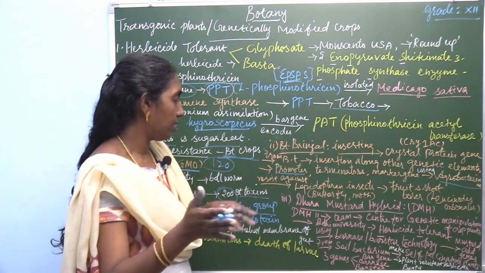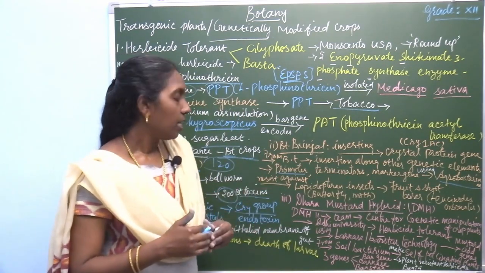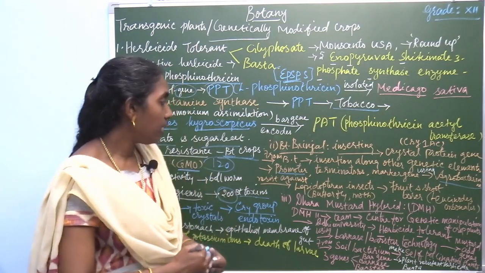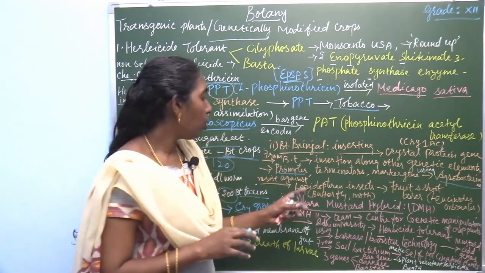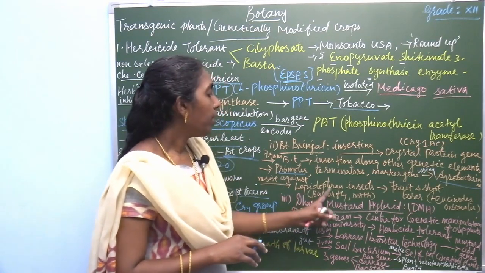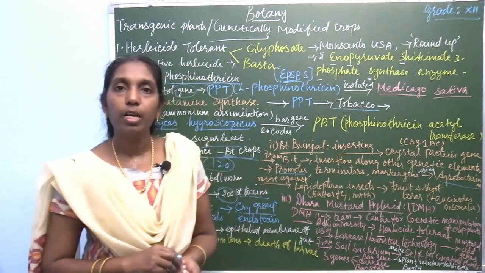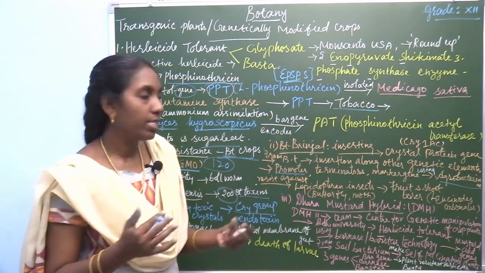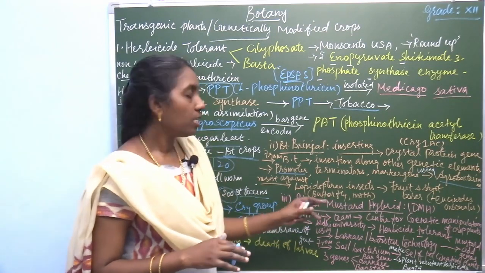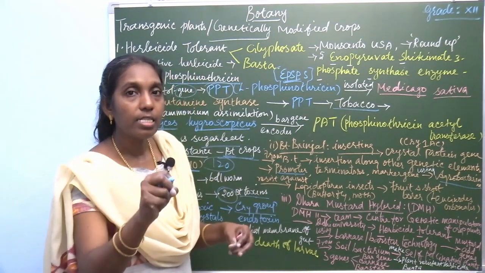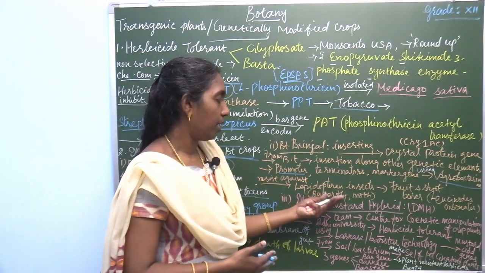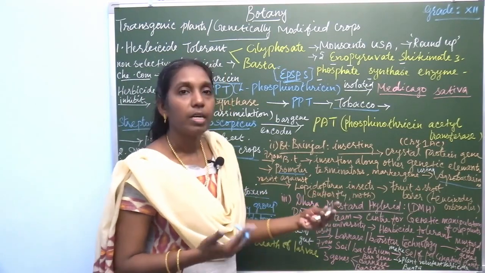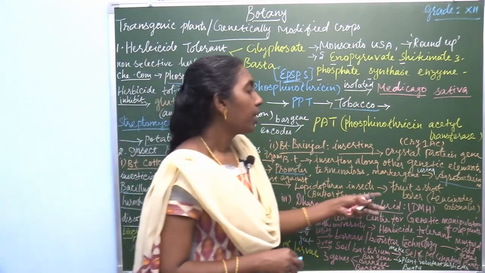The gene is inserted, which makes the plant resist the variety of insects called Lepidopteran. Lepidopteran insects include butterflies and moths. The plant is tolerant against these insects.